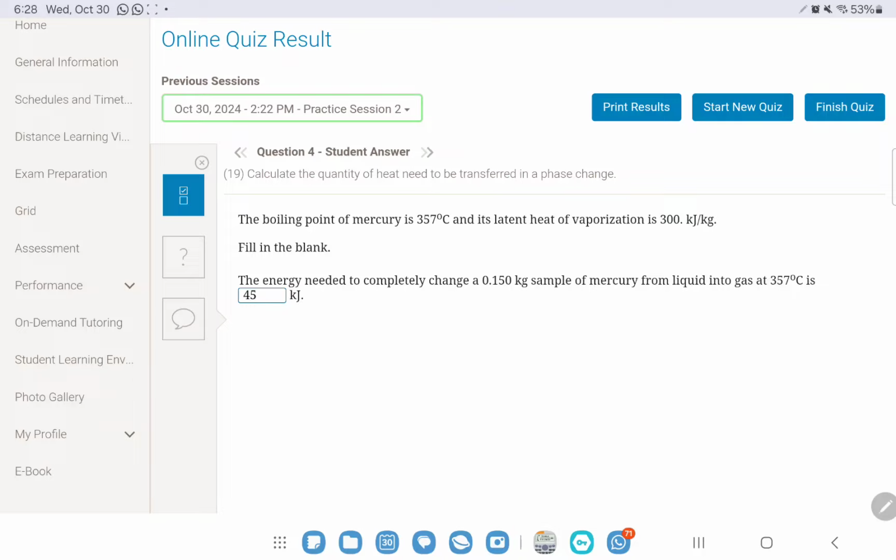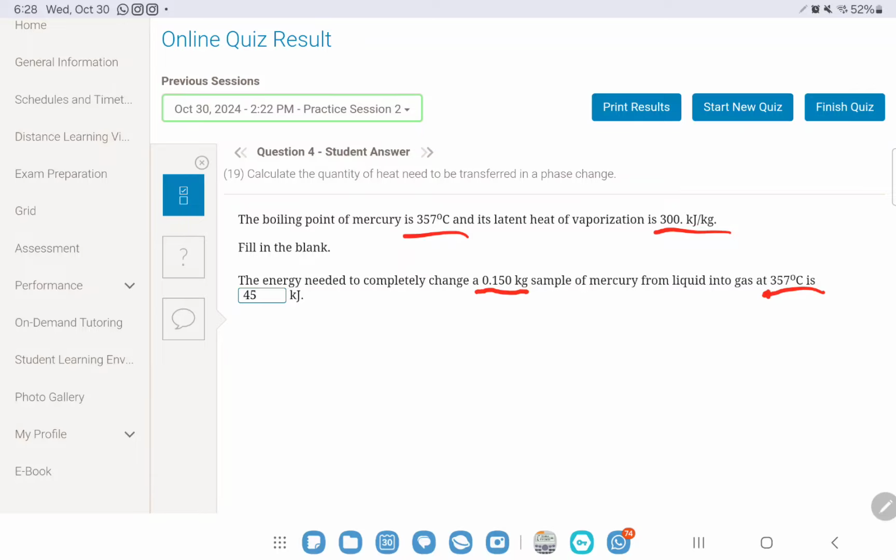Okay, so here what they're telling us is that the boiling point of mercury is 357 degrees Celsius, and the latent heat of vaporization is 300. So the energy needed to completely change this mass of mercury from liquid to gas at this temperature is... now we don't care about the boiling point. They told you, we only care that they're telling you you are at the boiling point.